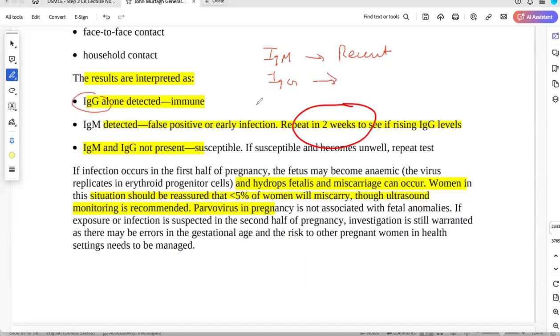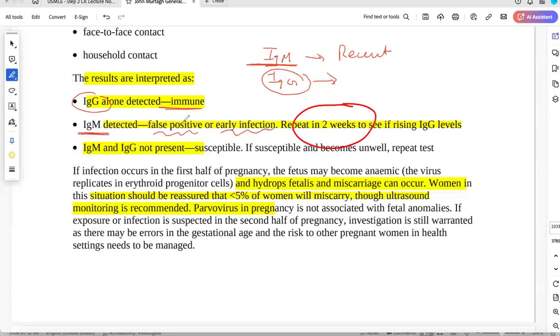Now, if you have done the IgM and IgG and found IgG is positive and IgM negative, that means the patient is already immune to this. But what if you found IgM positive? Two things can happen. One, it is a falsely positive test, or the patient has an early infection.